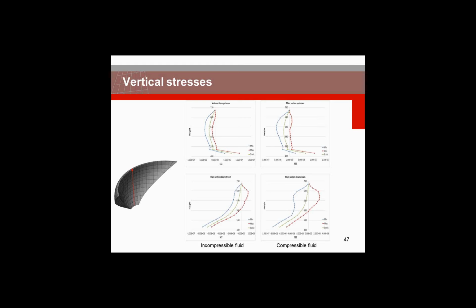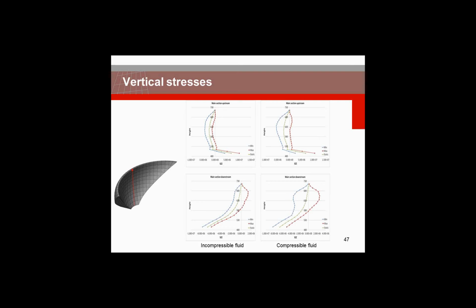The blue one shows the stresses we find through all the height in the whole history of the simulation. The green one is the static one, or the starting point of stresses, and the red one is the maximum, right? On the left side we have the incompressible cases, and on the right side we have the compressible cases.